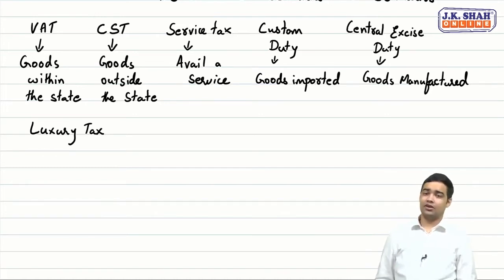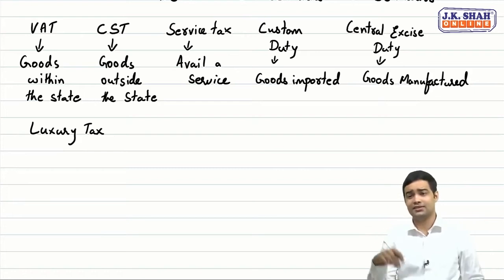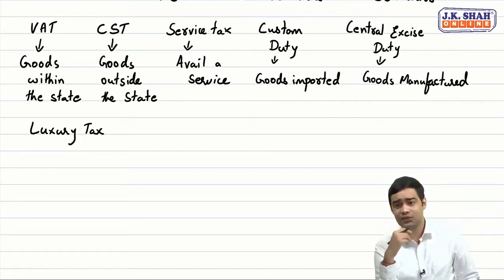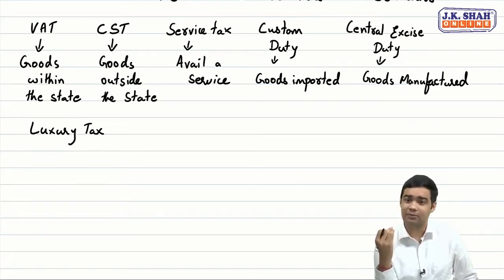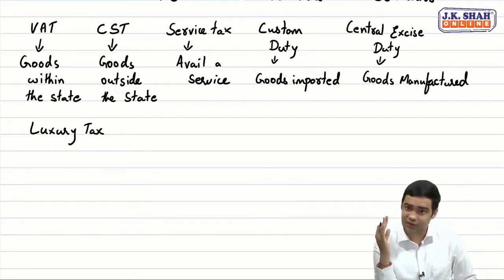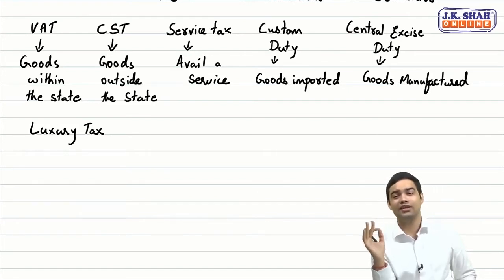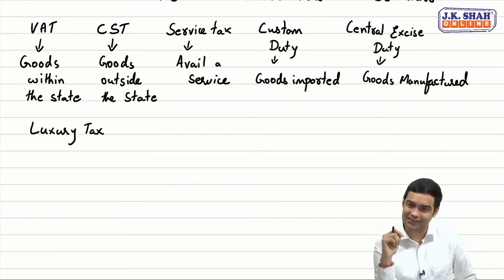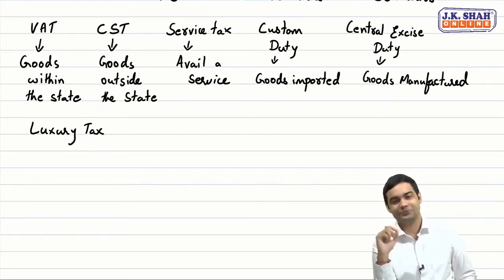He again gave me a call from the vacation place. Nitin, I've come across one new tax which is known as luxury tax. Can you explain this to me? I told him that vacation is a luxury for you. Government wanted revenue and they found out a new avenue that luxuries can also be taxed, and that's how luxury tax was introduced on hotels and stay.